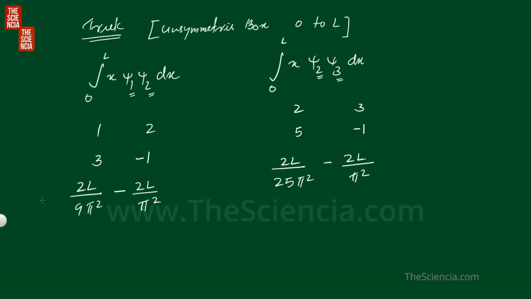See, in the earlier problem we got this answer, right? So we can express it in a much more general form. That is, we have to integrate from 0 to L of x psi n into psi n plus 1 dx. Here you can see psi n and psi n plus 1 are successive wave functions. That is, if the first one is psi 1, the next one will be psi 2.